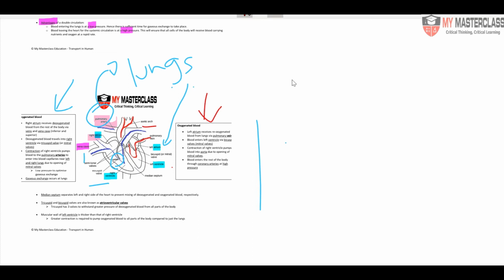Now, your left atrium and left ventricle are also separated by what we call the bicuspid valve. Your bicuspid and tricuspid can be collectively called your mitral valves.